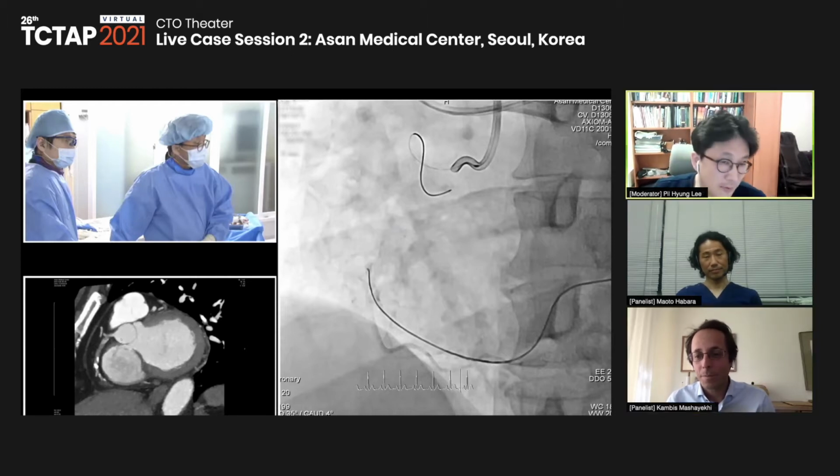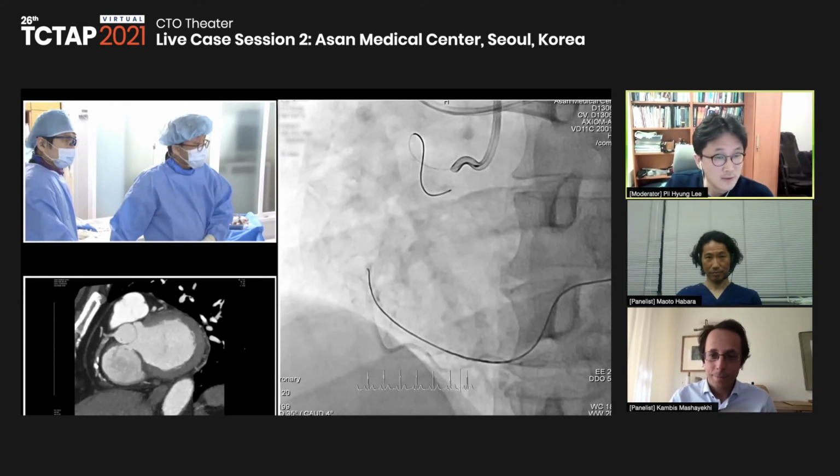Well, I think in real practice we don't systematically calculate that score. I think it's the same situation as using the SYNTAX score for the left main or the triple vessel.